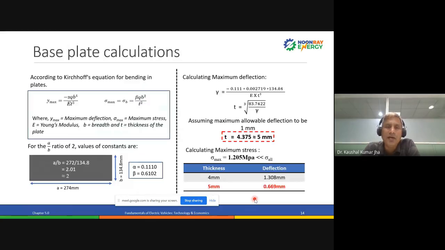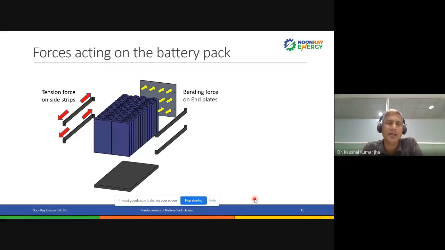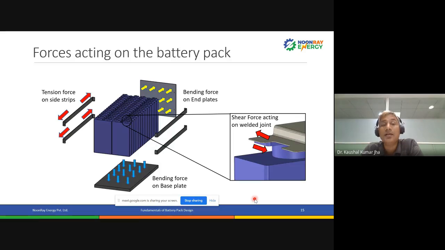Now, in a similar way, what we have to do is find out the side strip and the end plate. So what are the forces acting on the battery pack basically? Tension force on side strips, bending force on end strips, and then bending force on the base plate. Shear force on welded joints, bus bar.